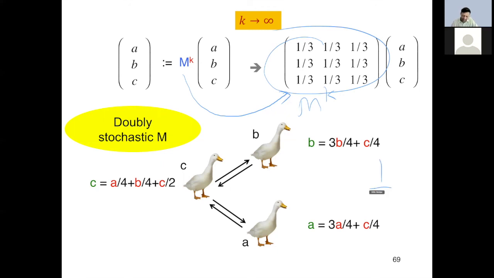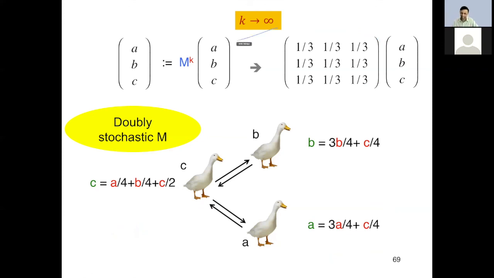If you had n agents in your graph, the graph could have been much bigger, maybe 5 agents or 6 agents, this would be 1/n everywhere, as long as the matrix is doubly stochastic, like I said earlier, and the graph is connected. And this is, of course, as k goes to infinity.